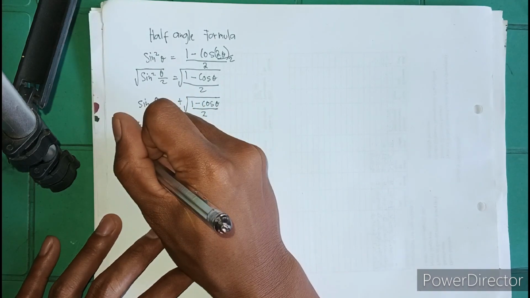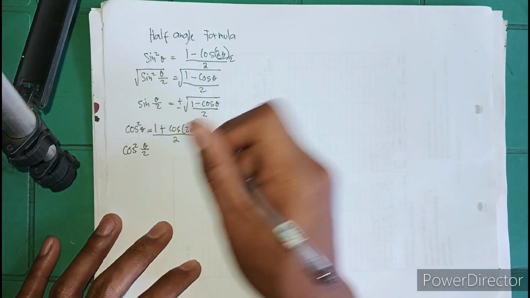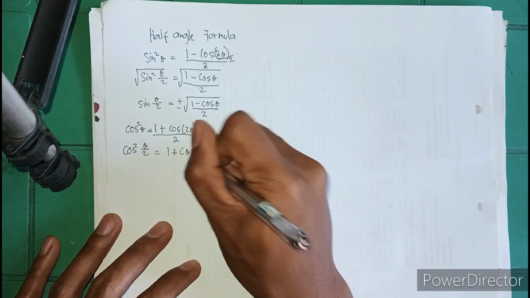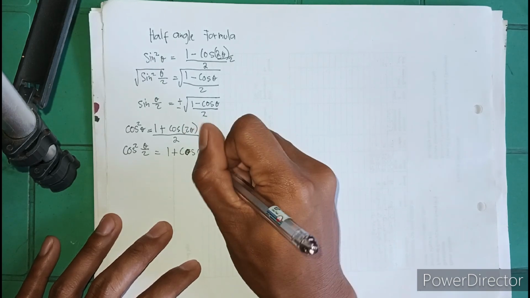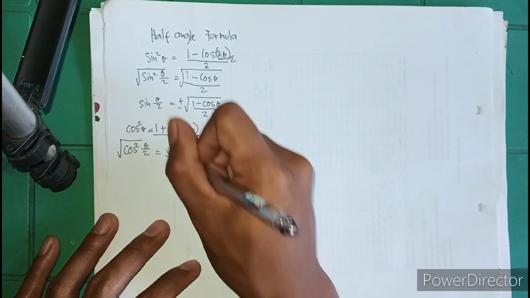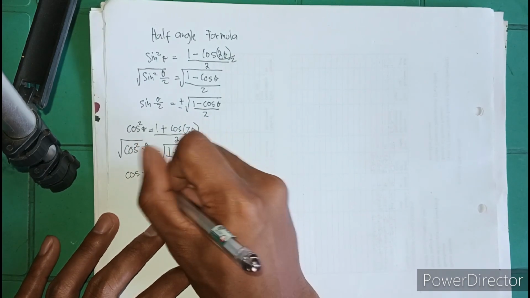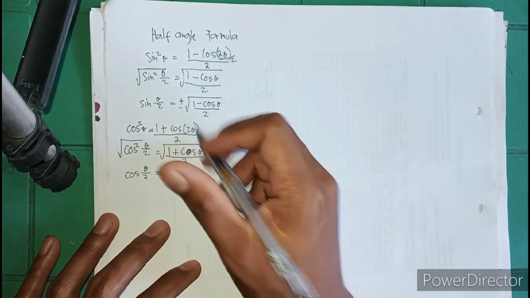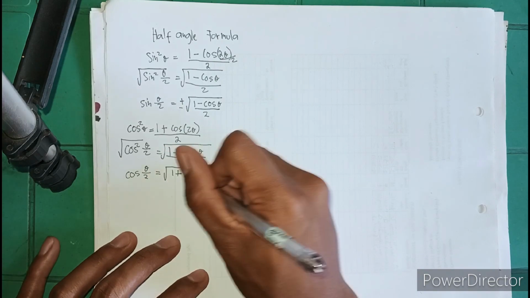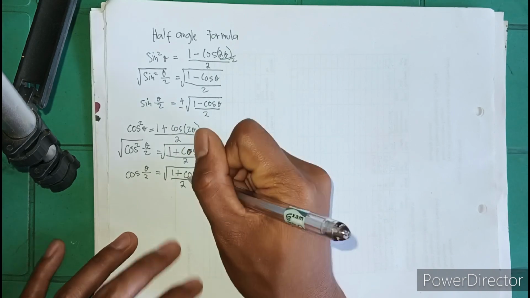So we now get cosine squared of theta over 2 is equal to 1 plus cosine theta over 2. So take the square root of both sides. So cosine theta over 2 is equal to the square root of 1 plus the cosine theta over 2.